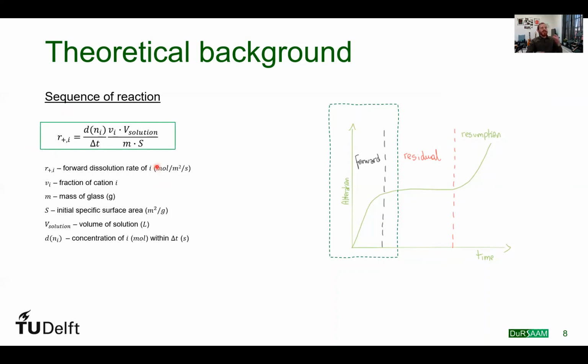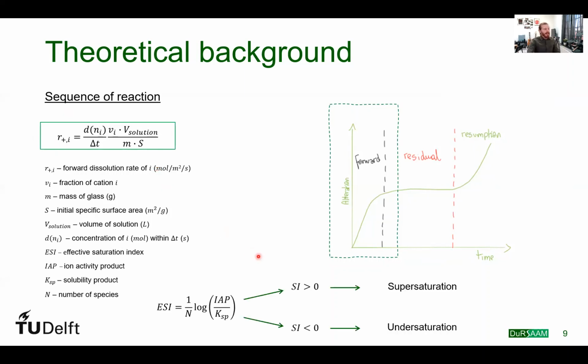This evolution in concentration is important for you to evaluate whether the formation of phases is stable or not through thermodynamic calculations, using the parameter effective saturation index, which is basically the ratio of the ion activity product, so the actual activities of these species in the solution, divided by the solubility product of one given phase.